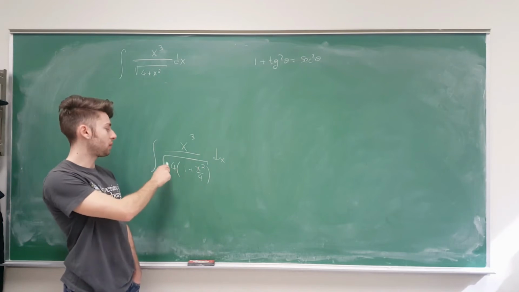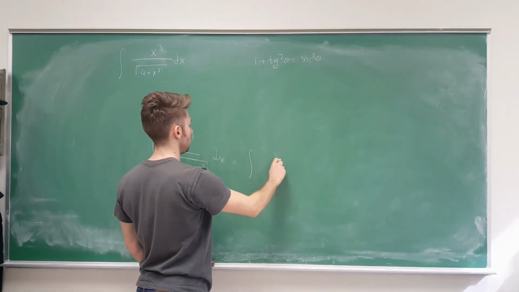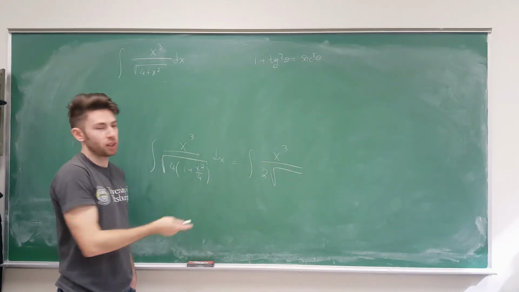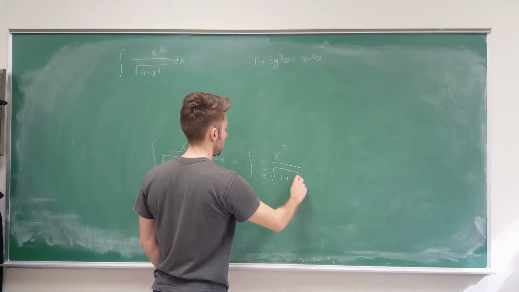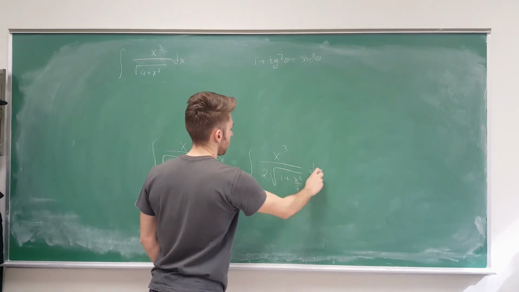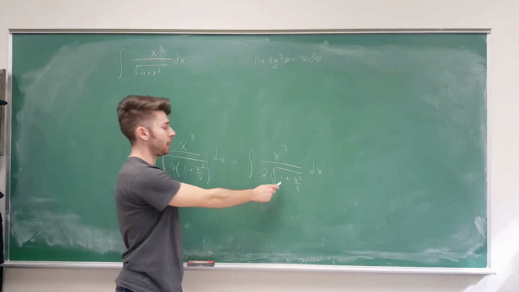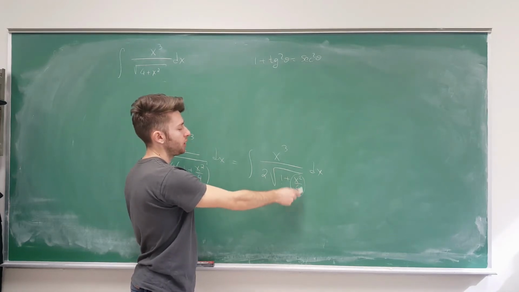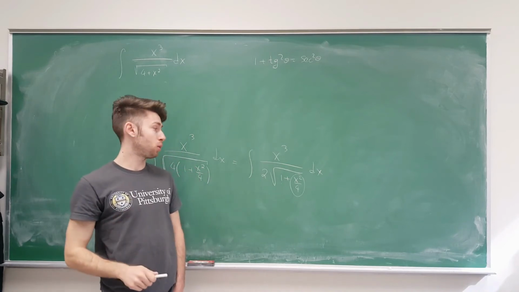So 1 becomes square root of 4, that's 2. And then here just whatever is left, which is 1 plus x squared over 4. Now I have this 1 that I wanted, and I need to make sure that this thing becomes tangent squared. So that is going to be my substitution.